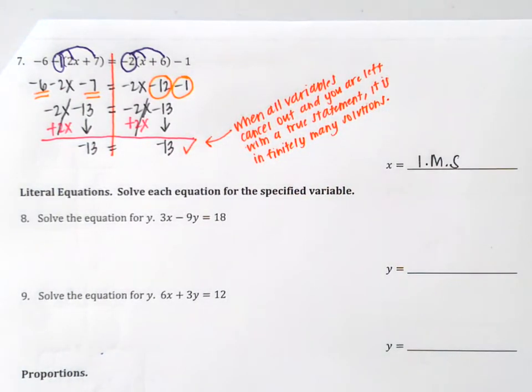So when the variables cancel out and you're left with a true statement, it's infinitely many. When the variables cancel out and you're left with a false statement, it is no solution.